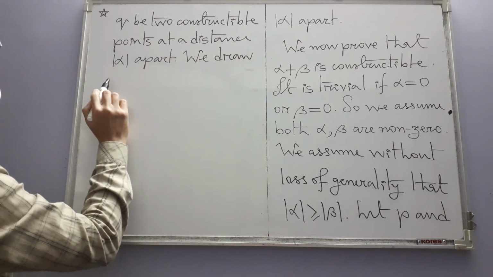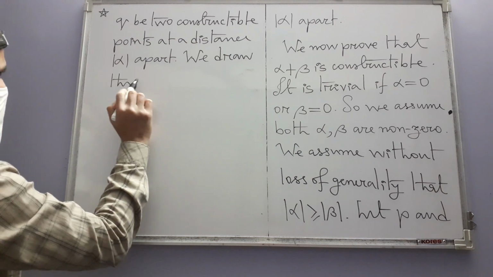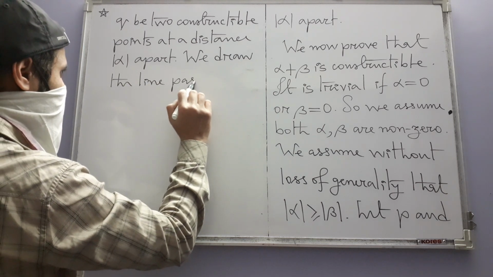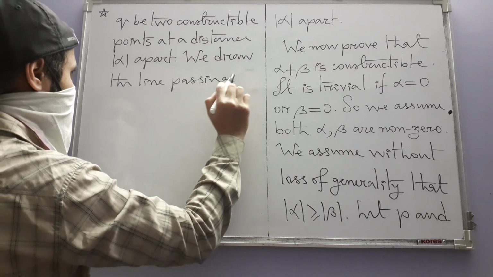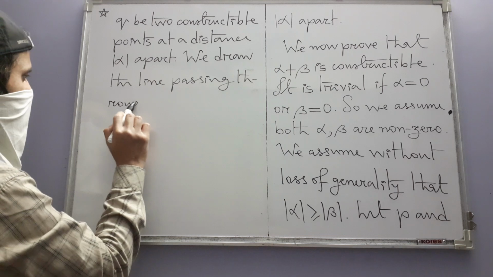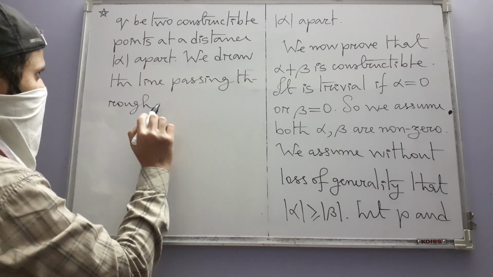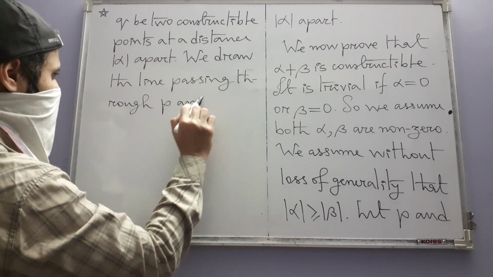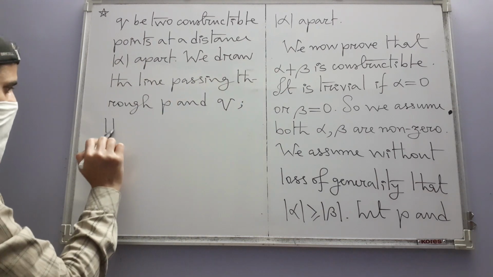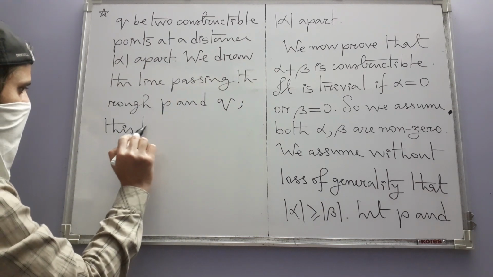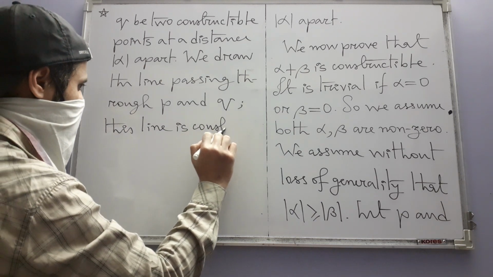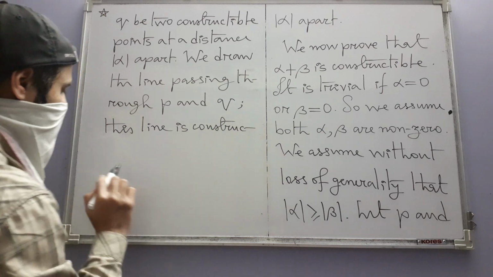We draw the line passing through P and Q. This line is constructible.